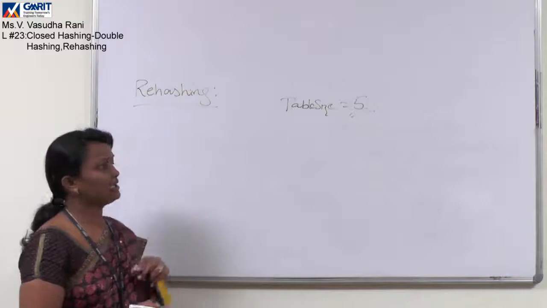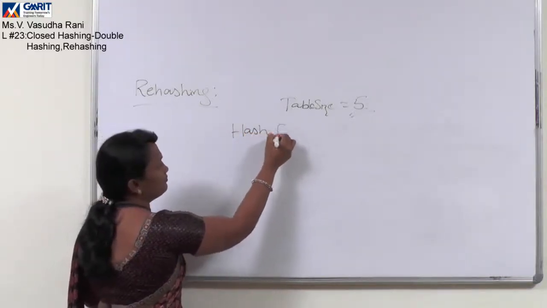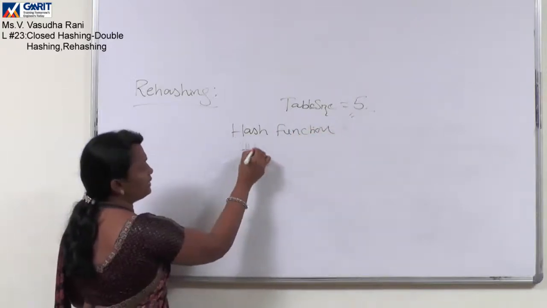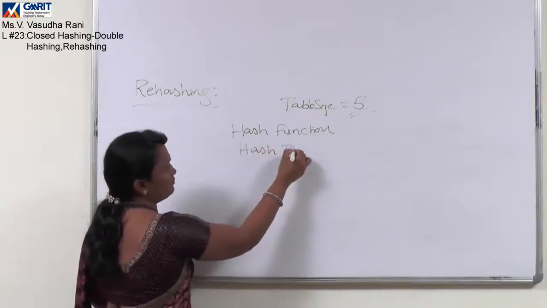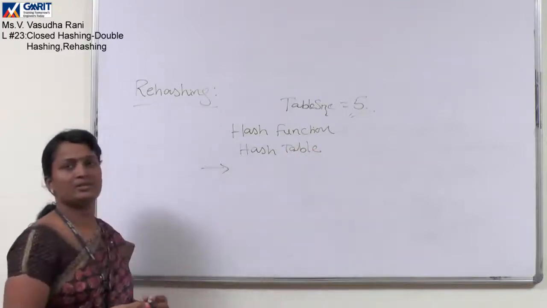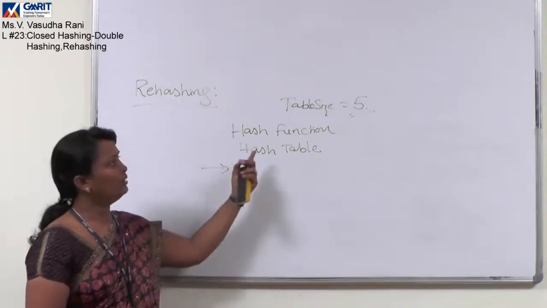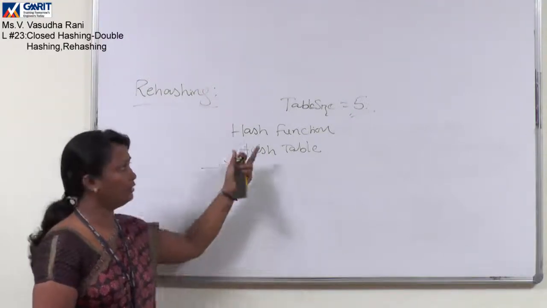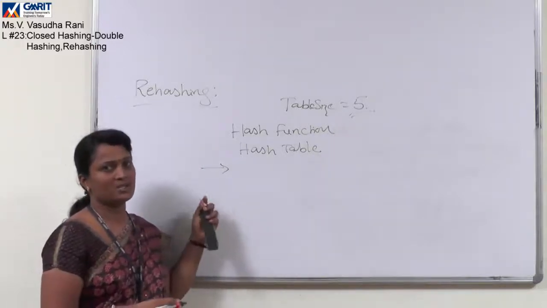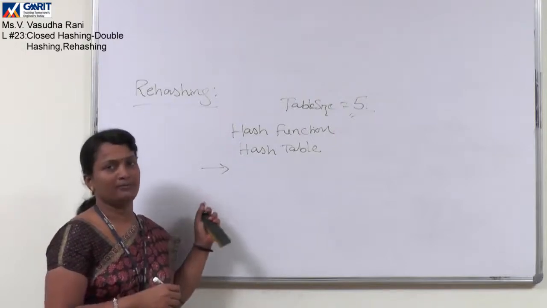So using table size 5, you will define a hash function and construct a hash table. But later the situation was that you are getting many more new registrations, more than 5. In such a case, your hash table is not sufficient to hold the information.